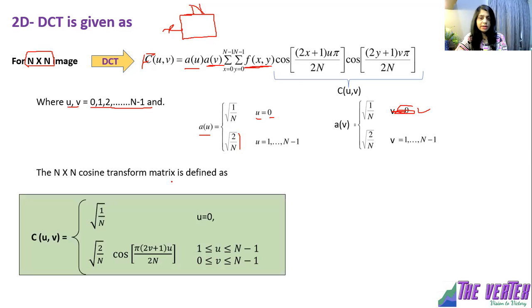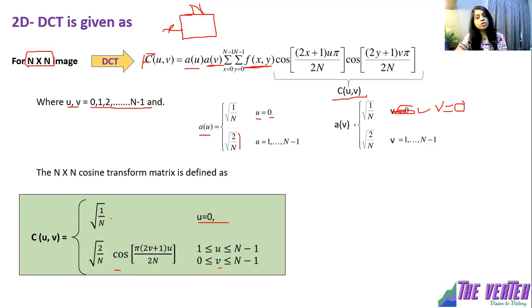The n by n cosine transform matrix is defined like this: C(u,v) is defined as root of 1 by n for u equal to 0. And here it is C of u comma v equal to root 2 by n, times cos of pi (2v plus 1) u by 2n, wherein u varies from 1 to n minus 1, but v varies from 0 to n minus 1.